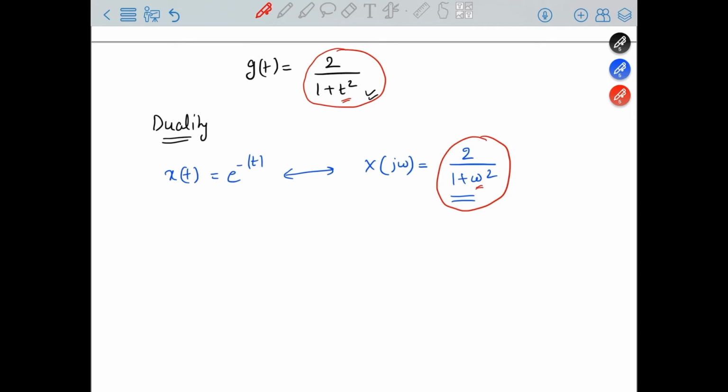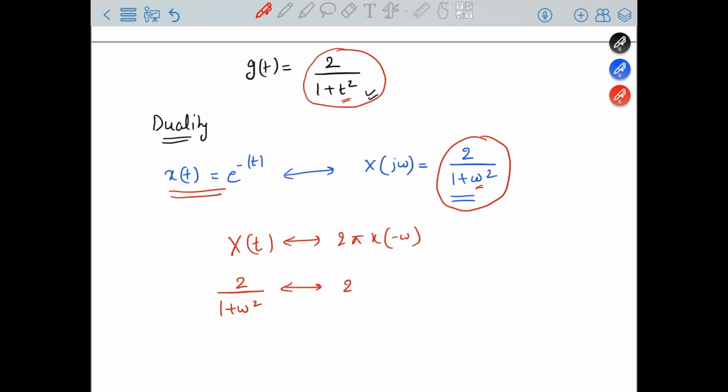One way to get the output is direct application of the duality property. By applying it, we know that X(t) can be directly written as 2 pi x(minus omega). So if we replace x(minus omega) in this equation, we directly get the Fourier transform of 2 over 1 plus omega square.